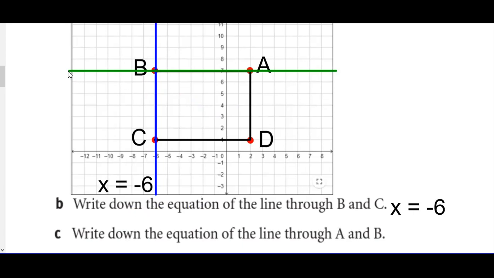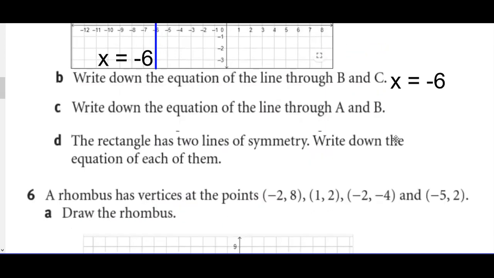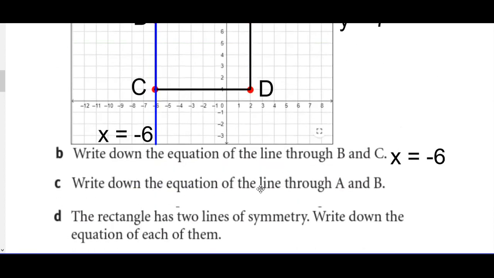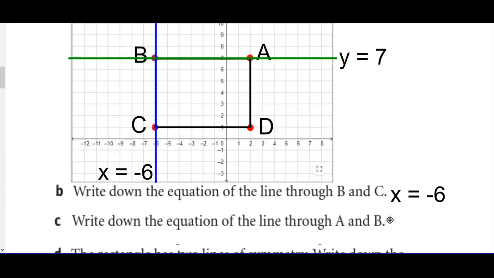So the equation of this line depends on the value of y that it cuts through. So the equation will be y equals 7. See that? That's the equation, y equals 7, and hence done. And here, for the line that goes through A and B, you can go ahead and write that the equation will be y equals 7.